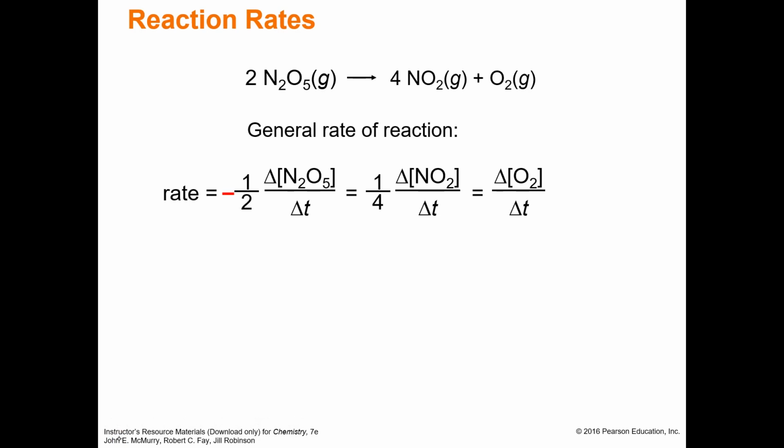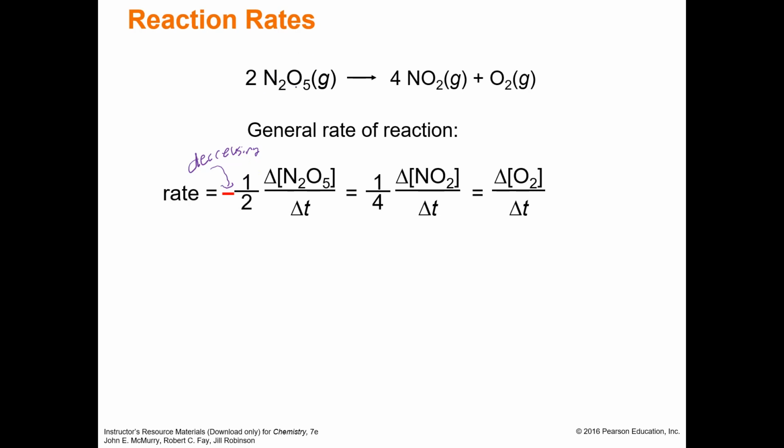We can relate the rate of the reaction for the reactants to the rate of reaction for the products. We will always have the change in the concentration of the compound that we're talking about over the change in time. To describe something that is decreasing, that is a reactant, we put a negative sign in front. And we put the coefficients as their reciprocal.